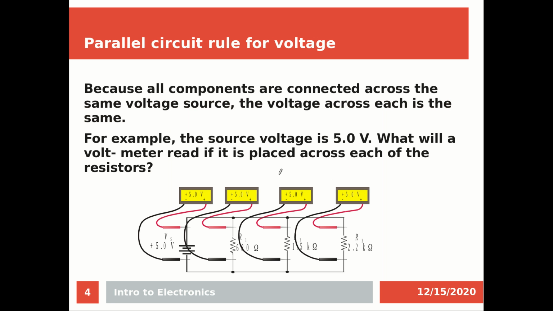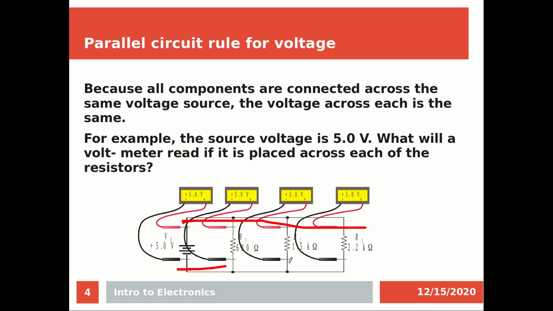Okay, now let's see how we calculate the voltage, the current, and the resistance in parallel circuits. The voltage across all of the parallel branches is the same, because you connect from this point and this point, which is actually the same point.